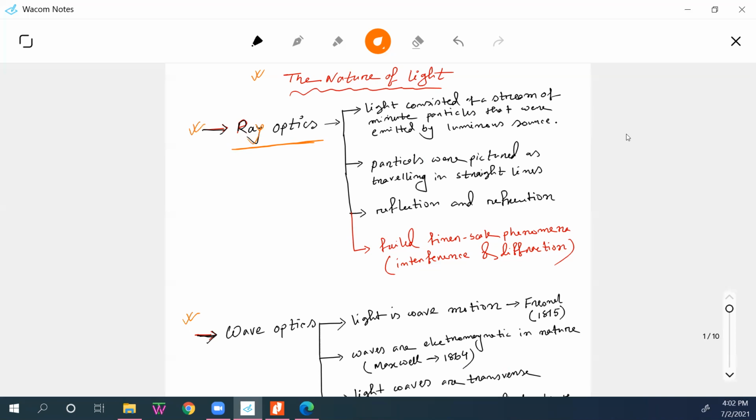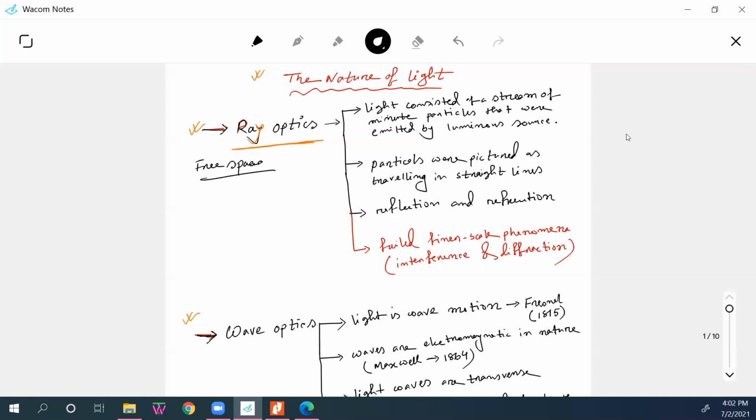We did lots of maths, like when we used concave and convex lenses to calculate things, right? That's why it is called ray optics. This is also called free space optics.